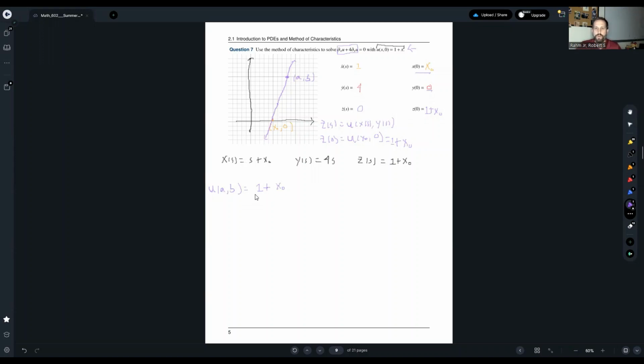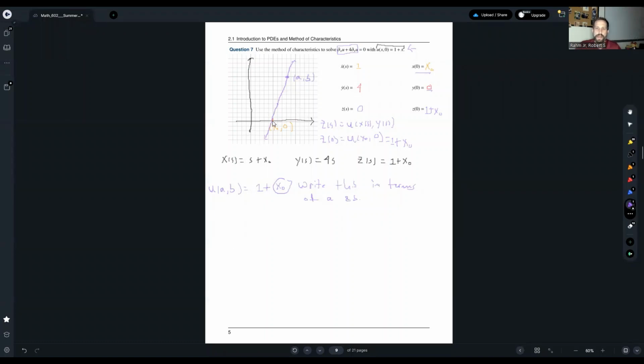But this doesn't really work out because I've got a and b over here, but I don't have a and b over here. So what I need to do is write this in terms of a and b. So how can I do that?